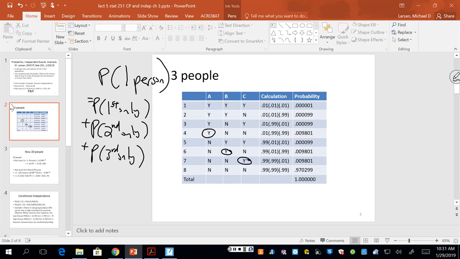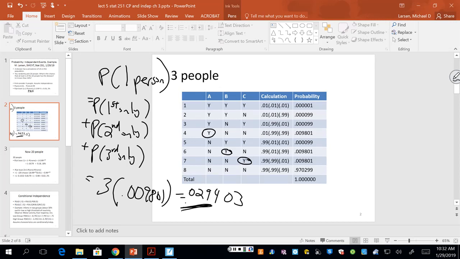So the chance that exactly one person has it: we have all the same probabilities, and there's 3 of them, so 0.009801 times 3. So we get a probability of about 3% of the time that we'll have exactly one person.